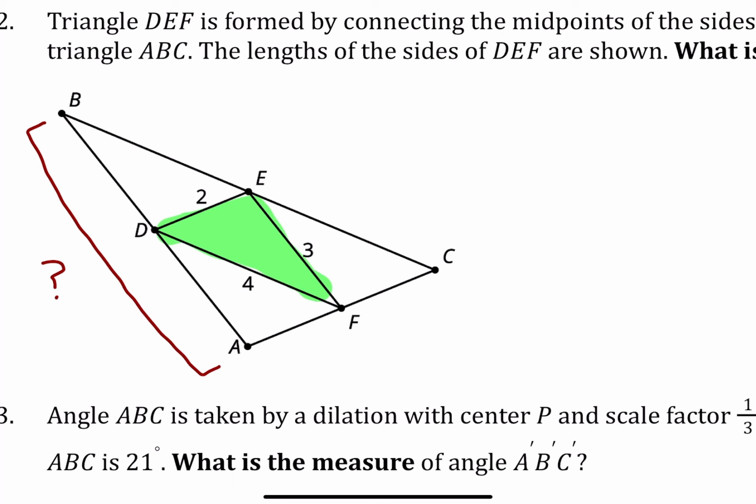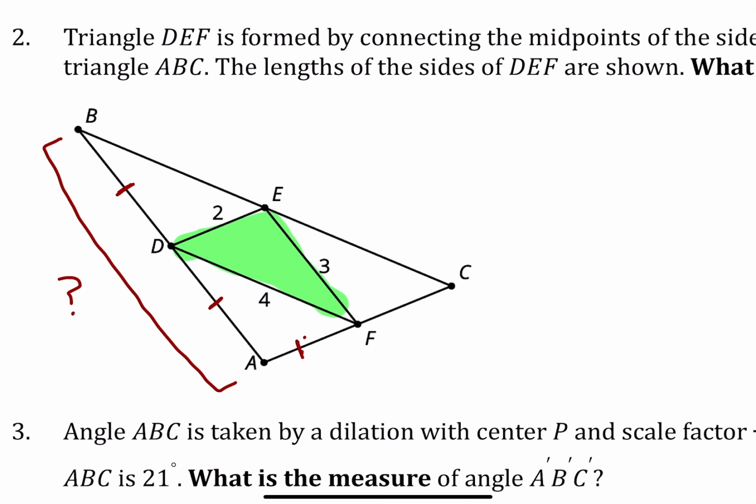I do know that since these are midpoints, I'm going to have congruent pieces. So I'm going to mark all three of my various sides here as just being split in half.